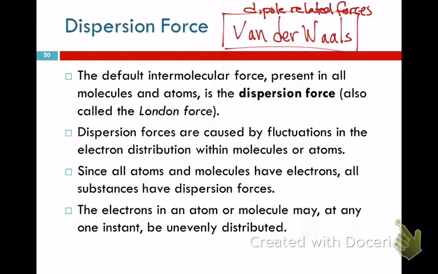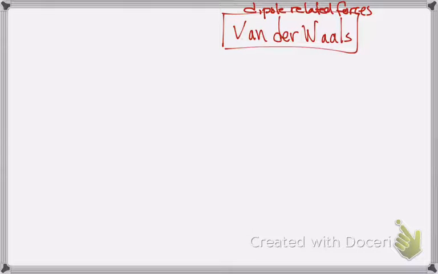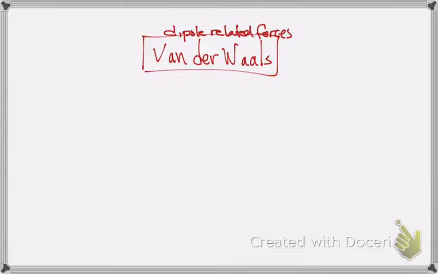Now, when two polar molecules are attracted to each other, they call that a dipole-dipole interaction. Okay, so I'm going to just make a new slide because there's just too much going on here. So dipole-related forces, those are van der Waals forces.